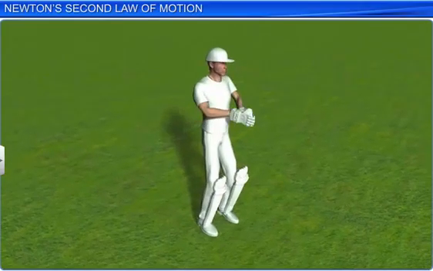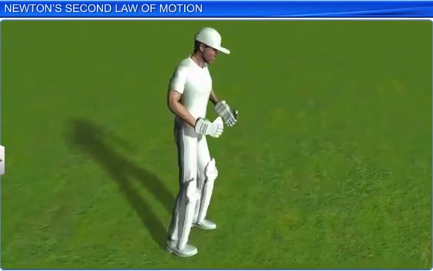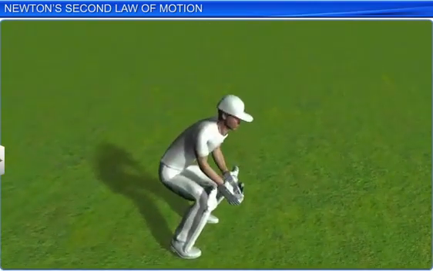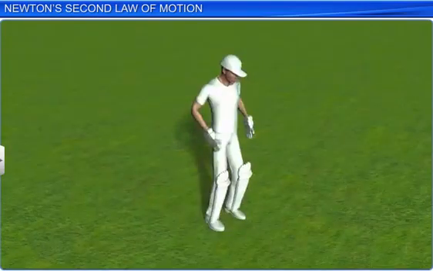A wicket keeper, after gathering the ball away from his body, pulls his hands towards himself to avoid injury to his hands. This proves that less force is required when it takes more time for the ball to come to rest.